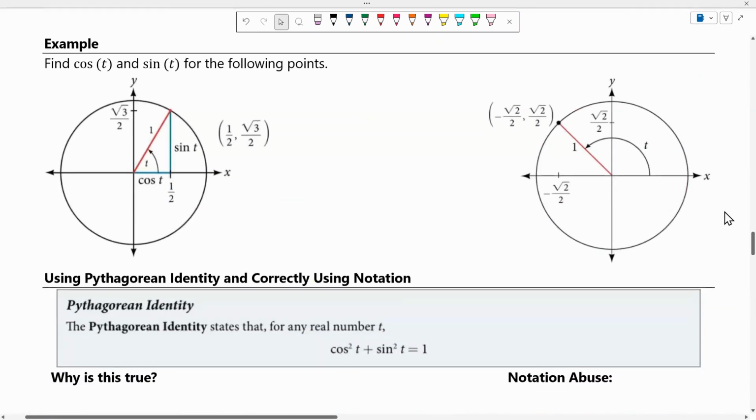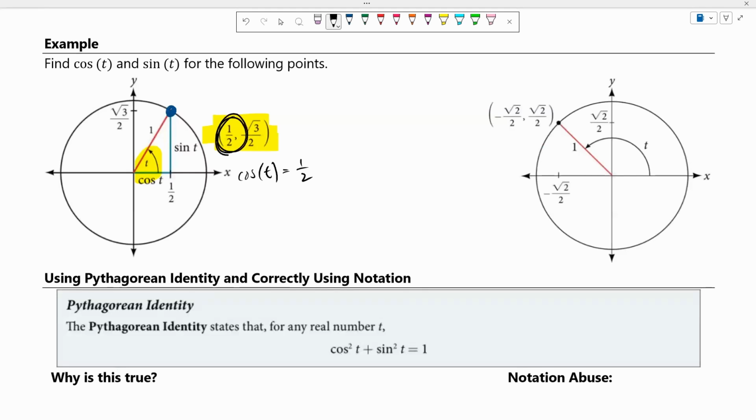Suppose I have an angle. You see how this angle right here is this, and this point right here is given by this coordinate right here. Then automatically what we can say is that the cosine of this angle t is 1/2.